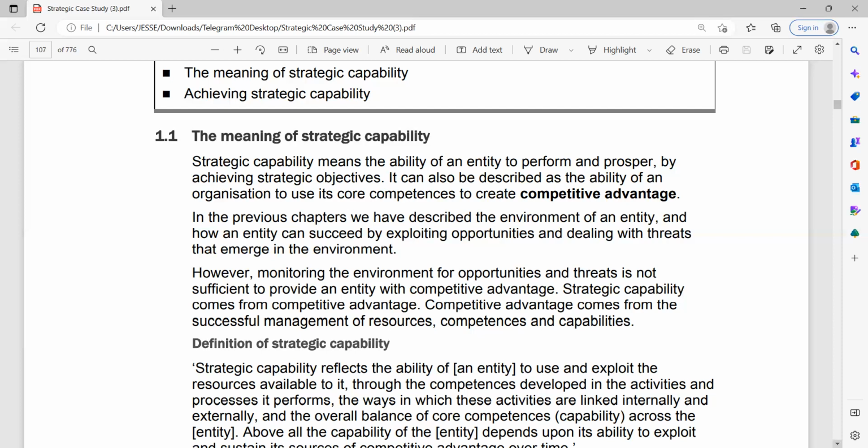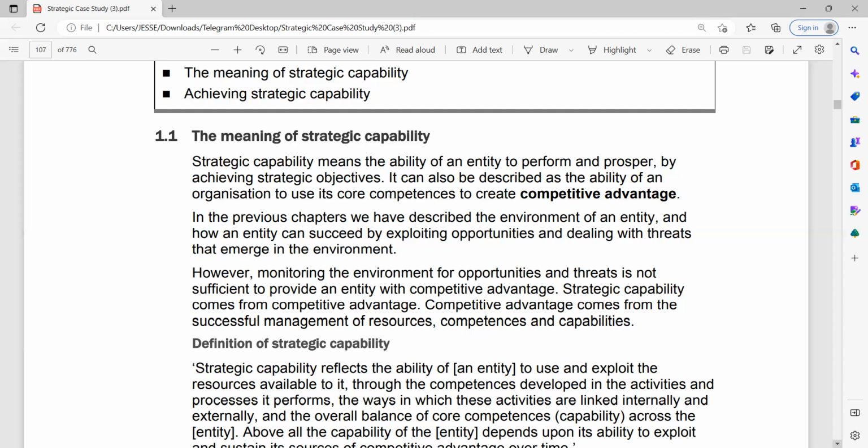Strategic capabilities are internal to an organization. And so they are the things inside the organization that give the organization an edge.